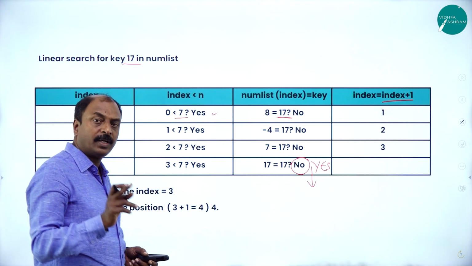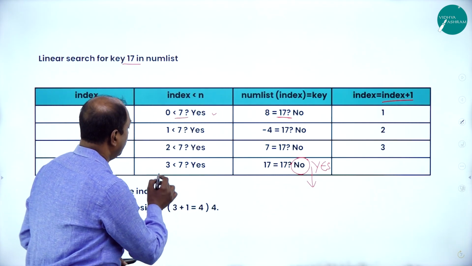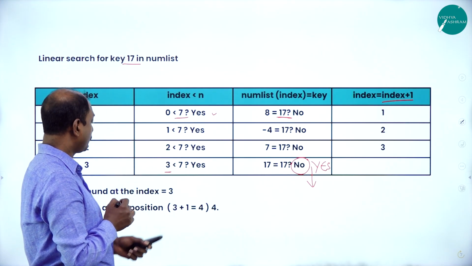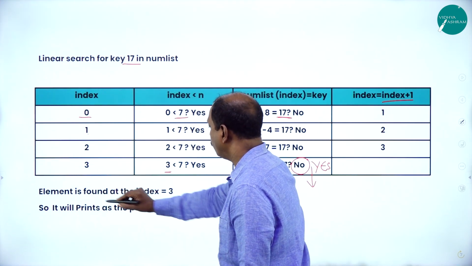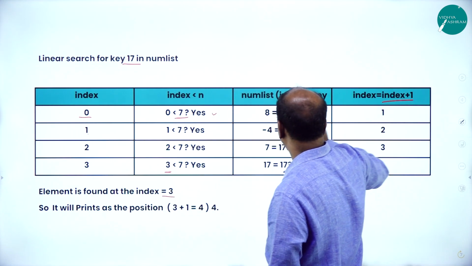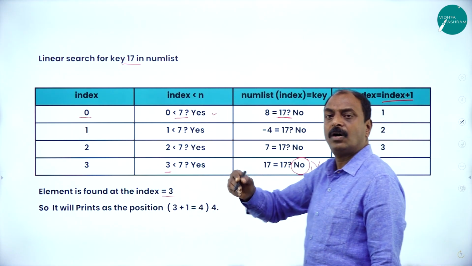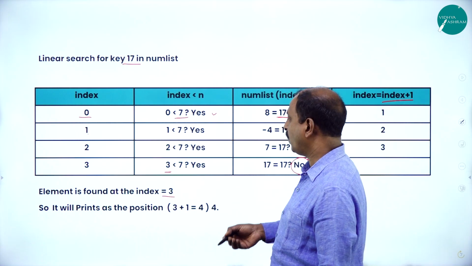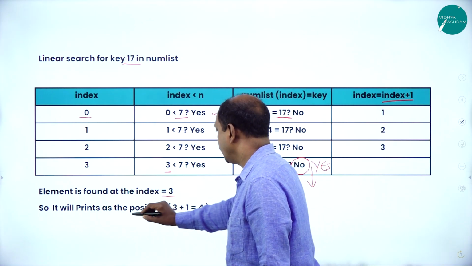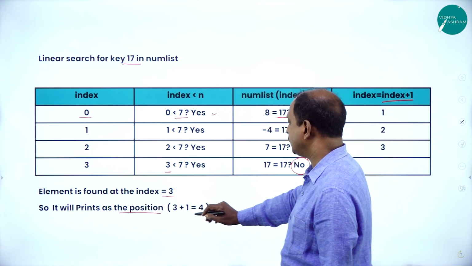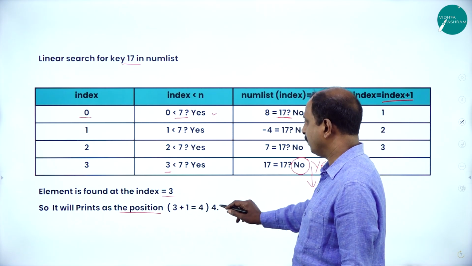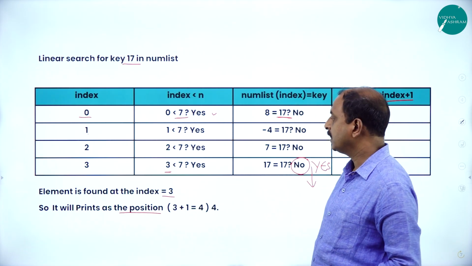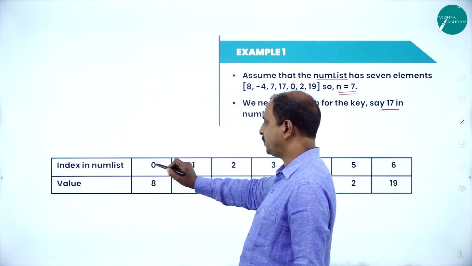The index is 3, so the element is found at index 3, meaning the key value 17 is found at index 3. But the position we print is always index plus 1, that is 3 plus 1, because all of you know that the index always starts with 0.